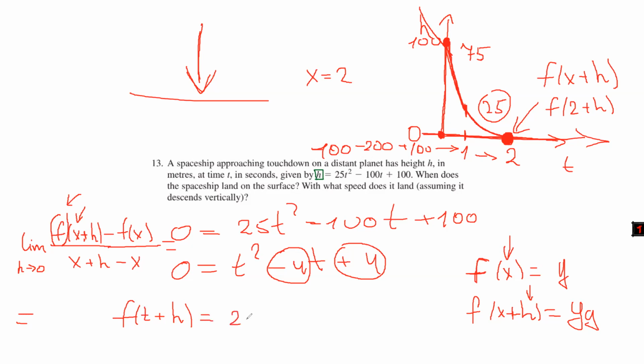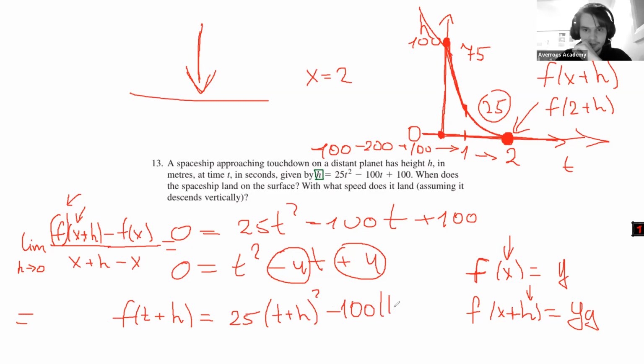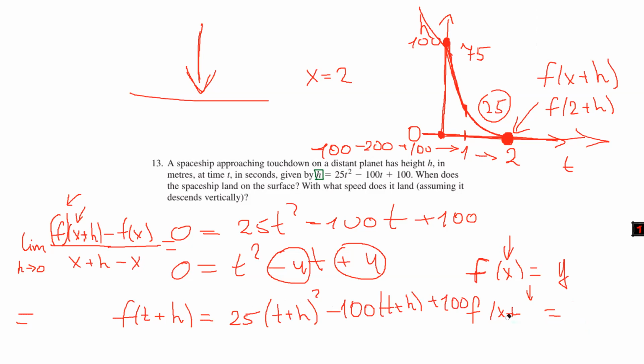Oh no, divided by h, sorry. Or x plus h, subtract x. Take a look right here. I'm writing it down for you. Yusuf, did you get this? I'm writing it, one second.